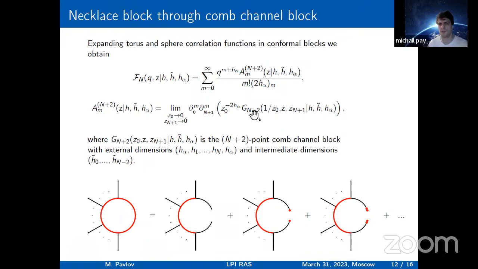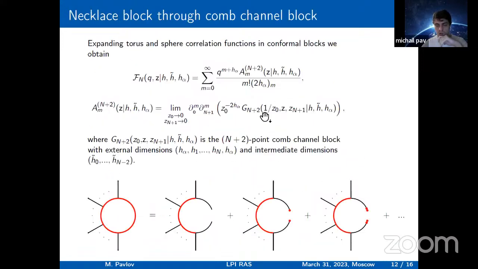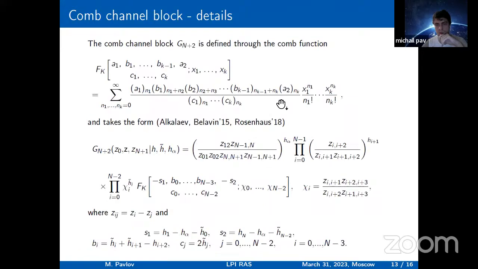This is quite complicated, and in order to analyze cases when the block on the left-hand side of this formula can be found, we should analyze these conformal blocks. They are called comb channel blocks, and they were obtained by Vladimir Rosenhaus in 2019. This is an expression for n-point global blocks. Let me explain it.